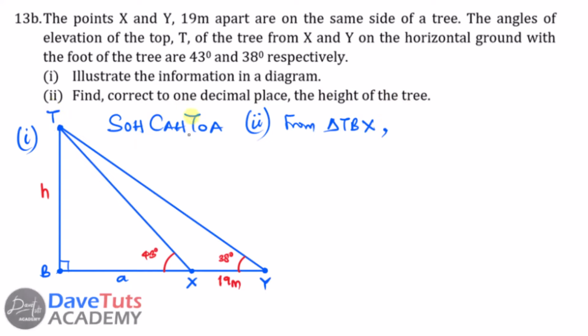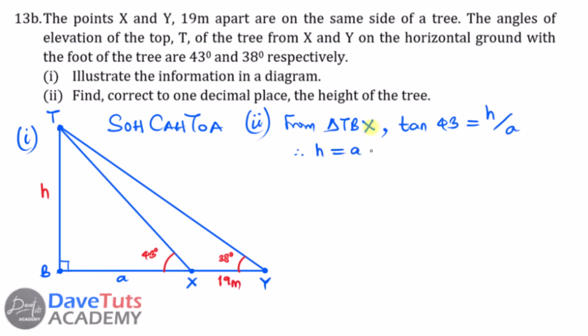So tangent is what is relating that. I can say tan 43, which is the angle at x for triangle TBX, this angle 43 here is equal to the opposite, which is h, over the adjacent. The adjacent here is a. Okay, so I can just say therefore h itself is a tan 43. Okay, this is something I need to note.